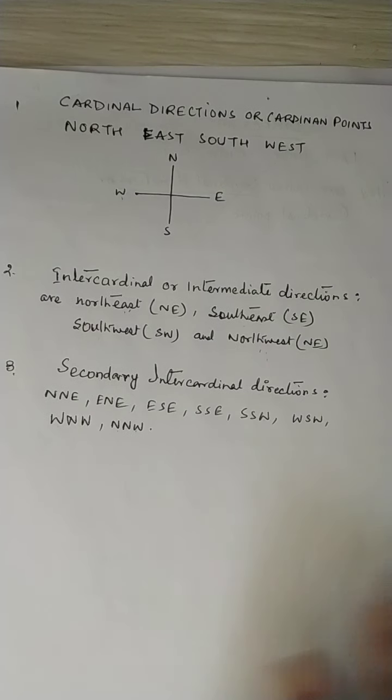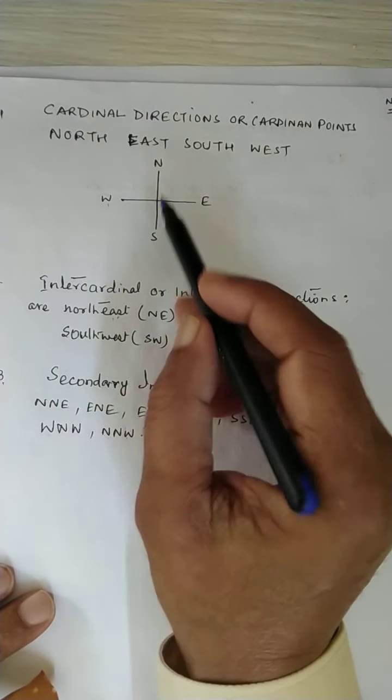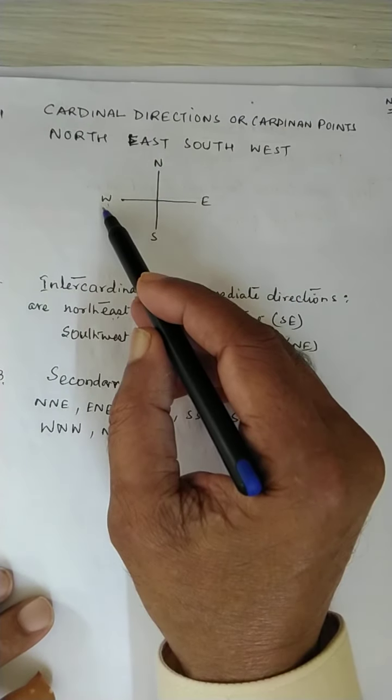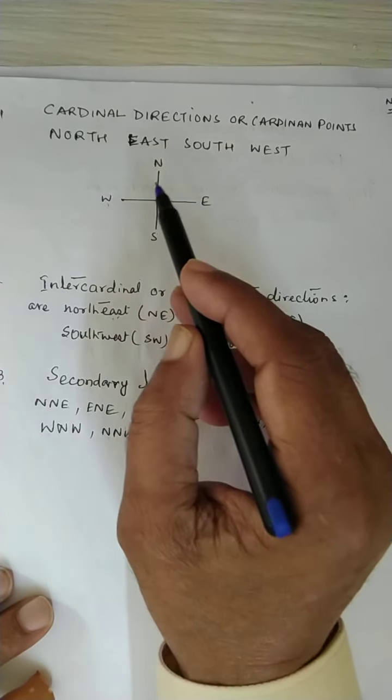As you know that we have four cardinal directions: north, east, south, west. These cardinal directions are also called cardinal points.